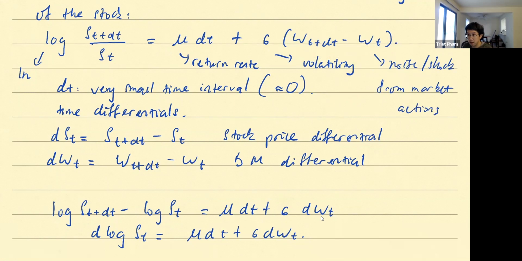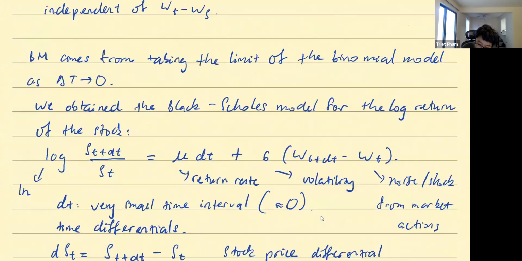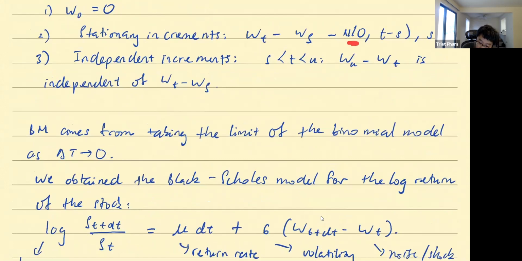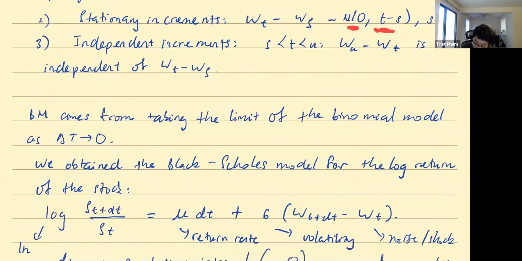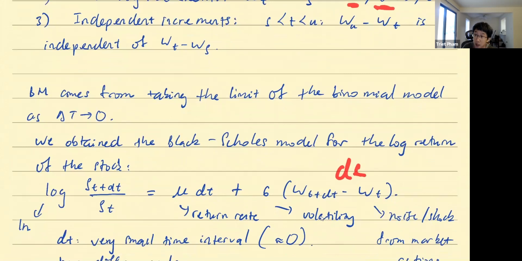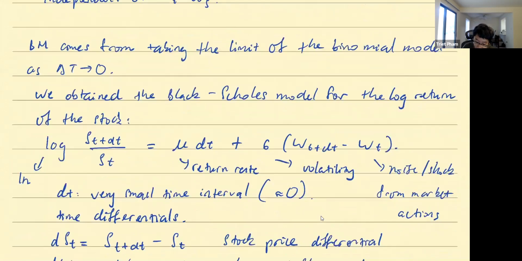It's a very intuitive model where your return always has an average rate, and then the market shock gets amplified by your volatility coefficient. And of course the shock in general has mean 0, and the variance equals the duration of that split second.